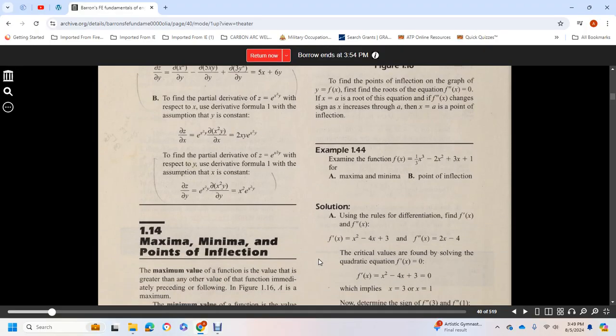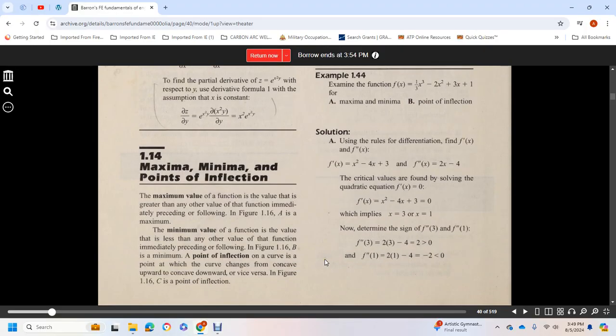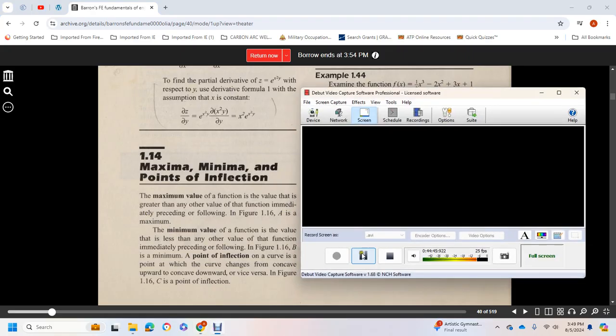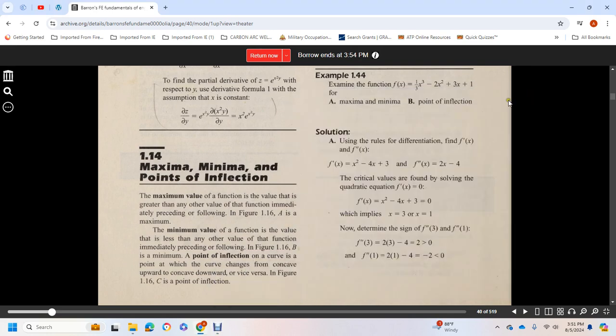Section 114, maximum, minimum, and points of inflection. A maximum value of a function is a value greater than any other value of the function immediately preceding and following it.